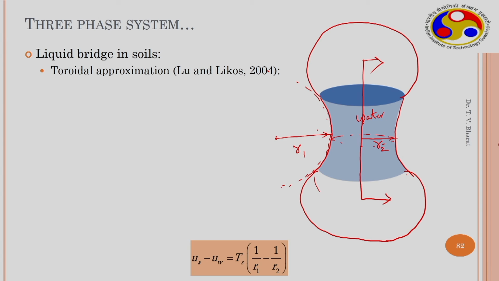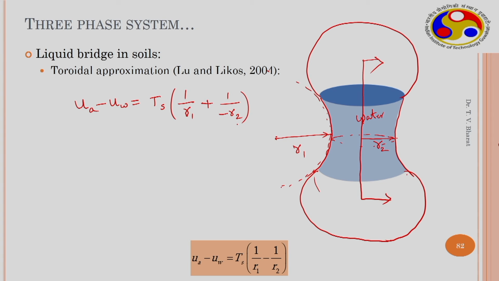In that particular case, the pressure drop across a liquid bridge would be UA minus UW equal to Ts times 1 by R1, which is equal to capital R1 in the Young-Laplace equation, plus 1 by minus R2.